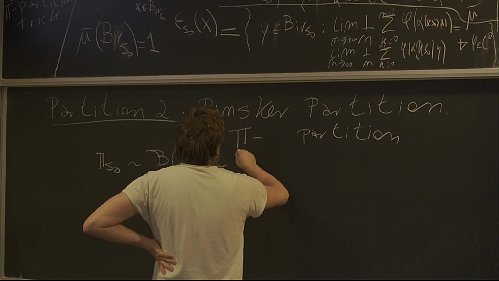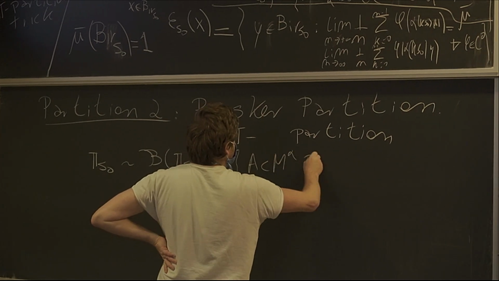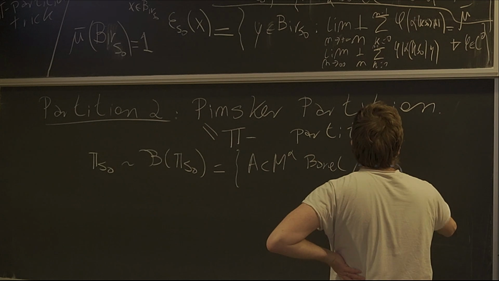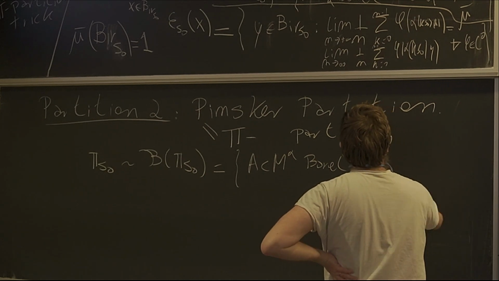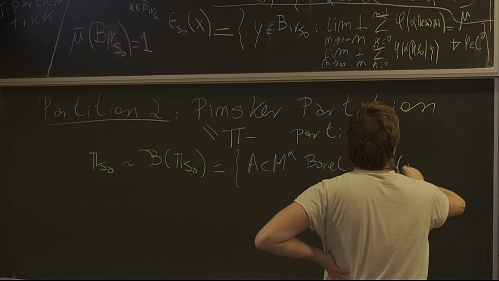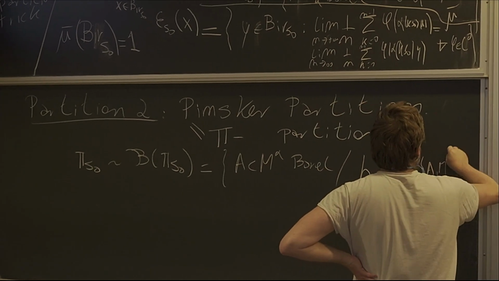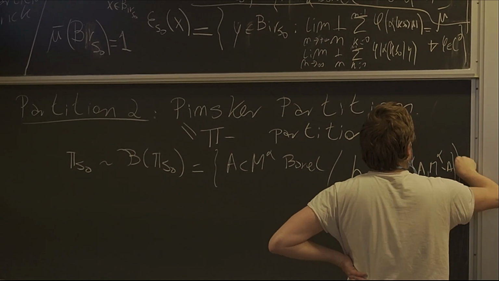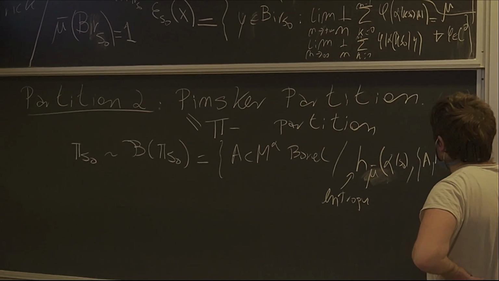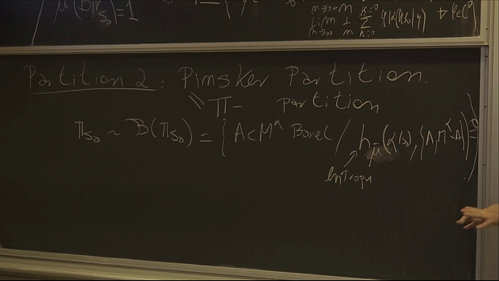Okay, so this is all the sets, Borel, such that the entropy, mu bar of alpha S naught with respect to the partition A M alpha minus A is 0. Okay?